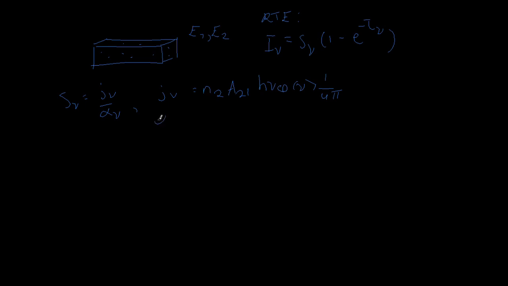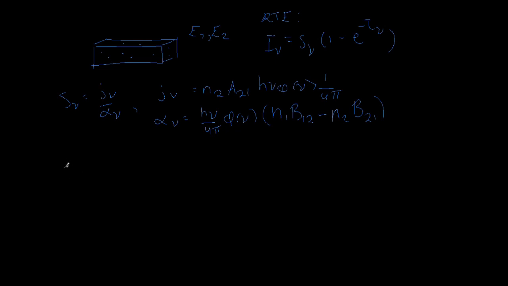And alpha nu is h nu over 4 pi phi nu times the number density in the first energy level times the Einstein B12 coefficient minus the number density in the second level times the Einstein B21 coefficient. And this one is the one corresponding to stimulated emission, while this corresponds to absorption.